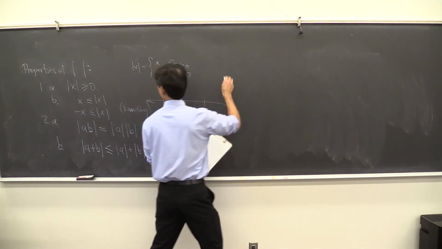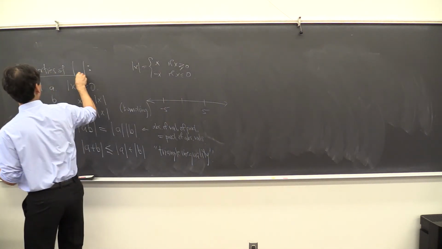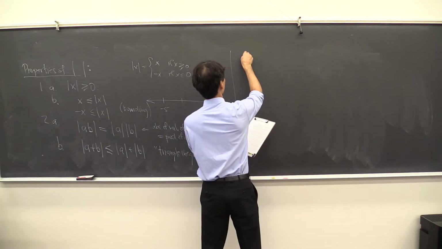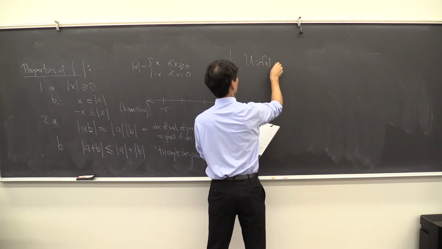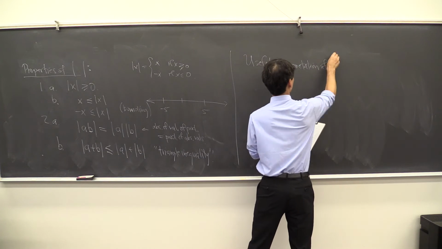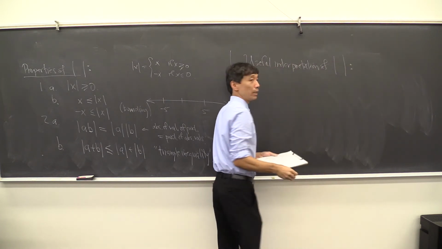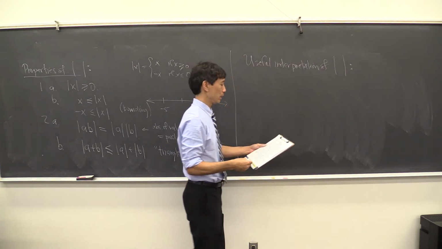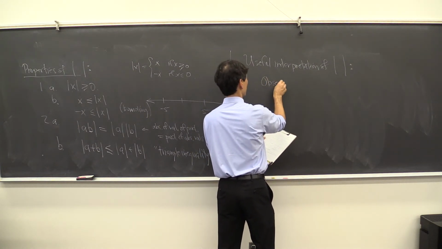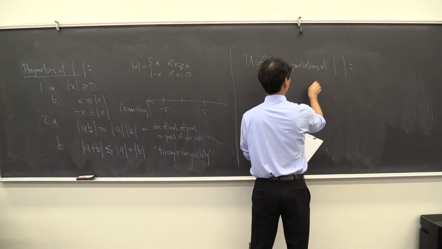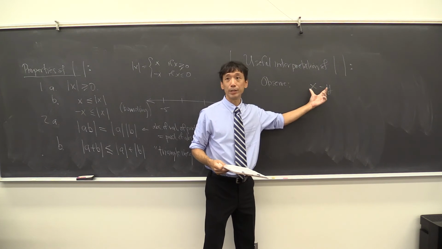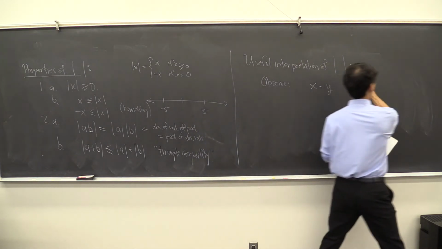Okay, so those are some properties of the absolute value. Here's something really useful, a useful interpretation of the absolute value, and that's its relation to distance. So observe that if you take two numbers, x and y, and you take their difference, right?